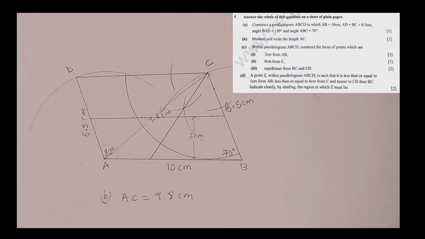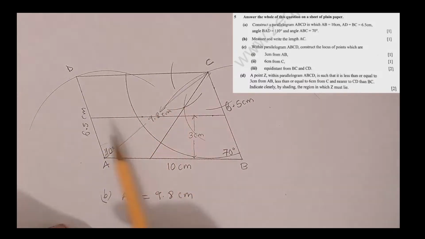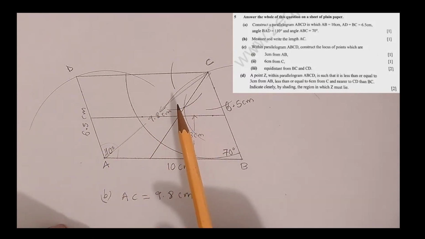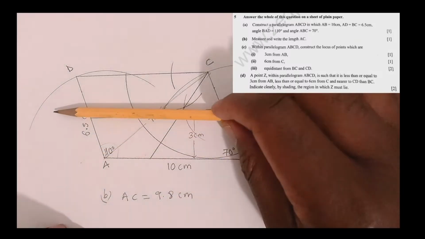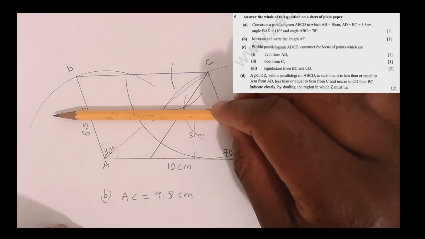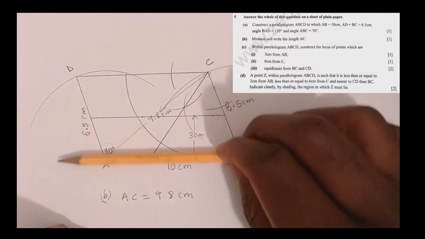Okay. So a point Z now, we are saying Z is within this parallelogram ABCD, in which it is less than or equal to 3 centimeters from AD. So our AD is this one. The 3 centimeter line is this line here. So it cannot be above this line, it will be below this line.